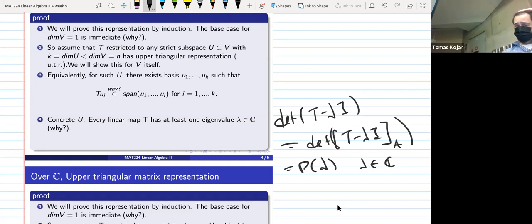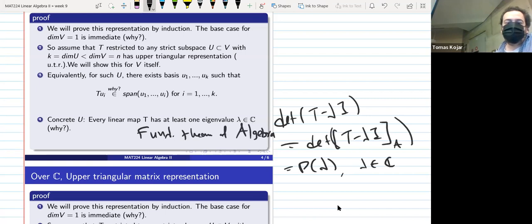solution. It's amazing how much machinery you need to prove this that you haven't seen in first year or second. There's no simple proof for this. But yeah, this is the fundamental theorem of algebra.